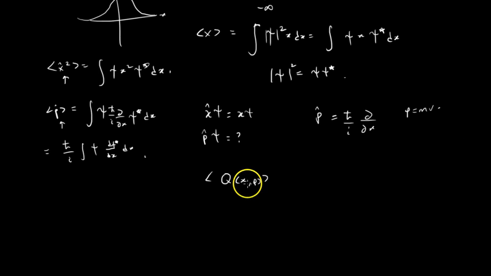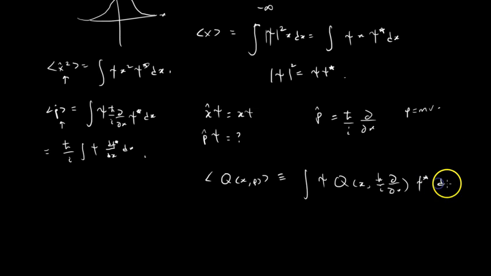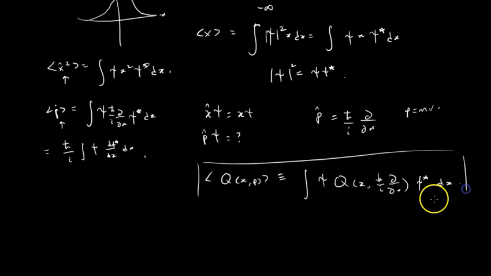It's defined to be equal to the integral of psi as we had before, and now we have this q operating, and it could be a function of x, or p, which I said is h bar over i partial with respect to x, of psi star, and then dx. So this is the generalized one. This is the one that you should know.